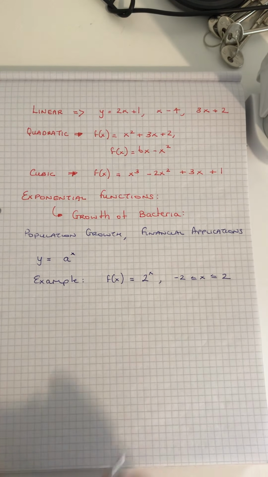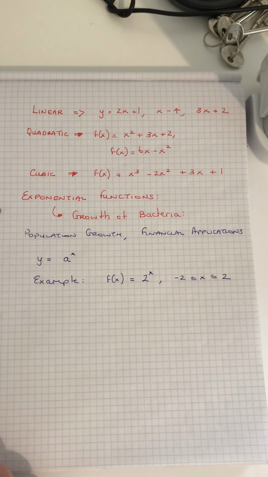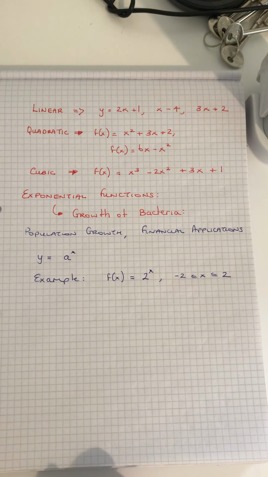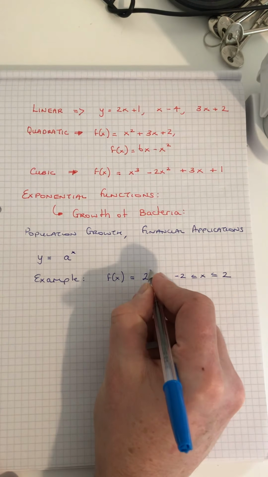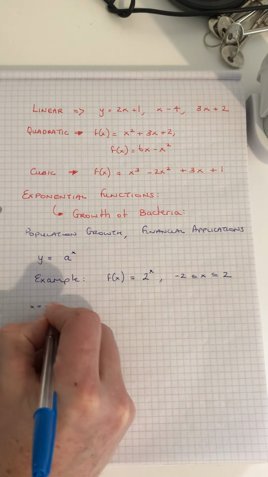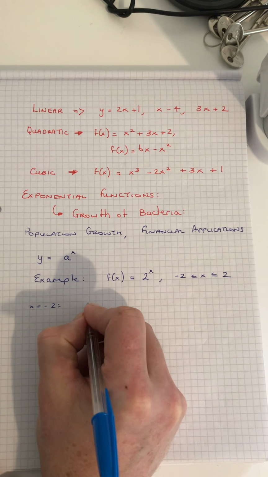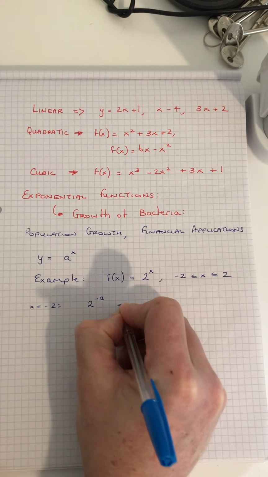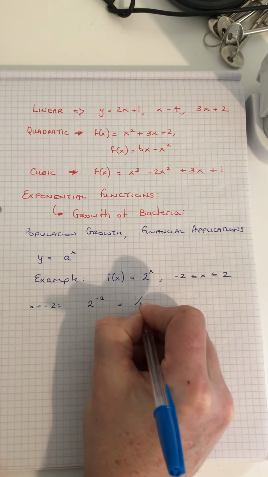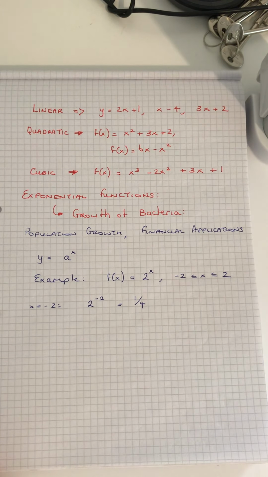Okay, so that would be your function. So when x is minus 2, you would type in 2 to the power of minus 2, which would give you 1 over 4 on your calculator.